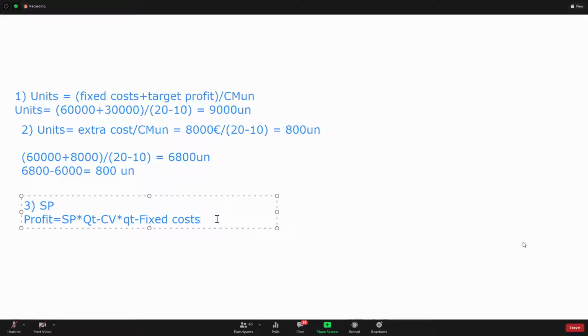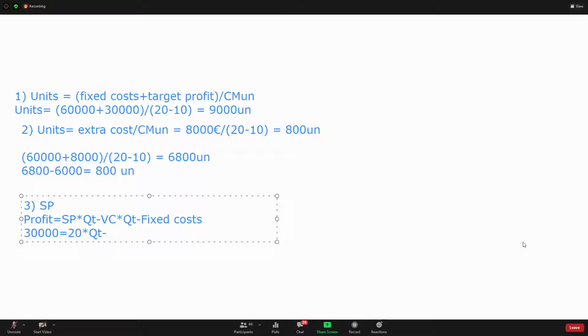If you work out the formula, I will let you work it out later, with the information that we have available, we know the profit we want to have is 30,000. We don't know the selling price, that is what we want to know. We do know the quantity, which is 8,000.